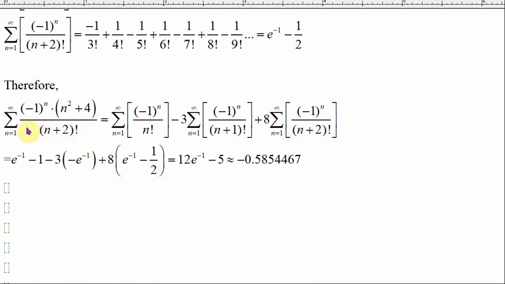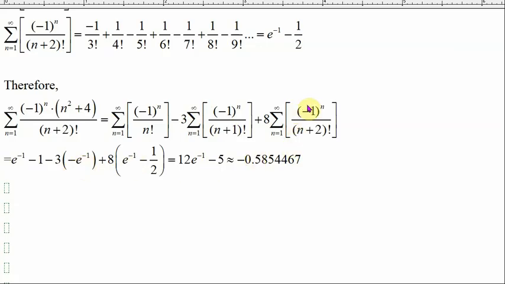And so this is our original series, and then we rewrote it as the sum of these three summations right here. And I have just shown that this infinite sum here is e to the negative 1 minus 1. And then this summation right here is negative e to the negative 1.